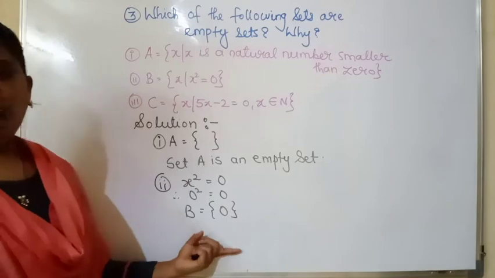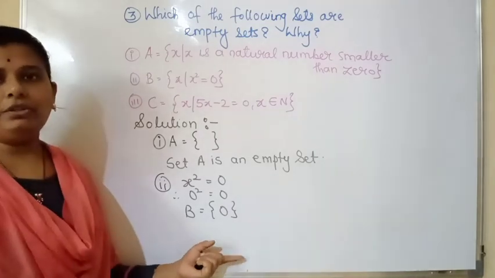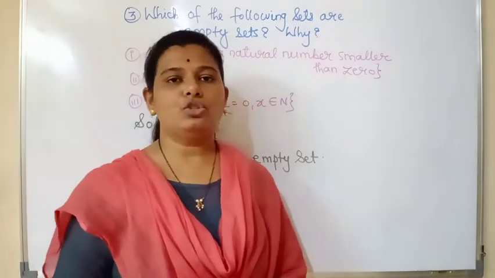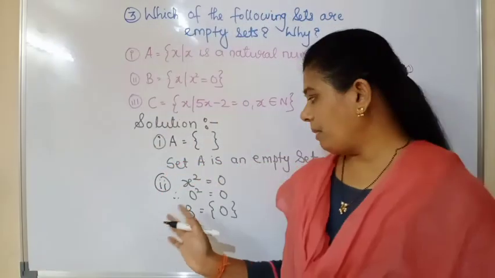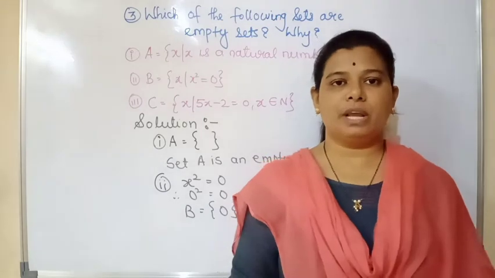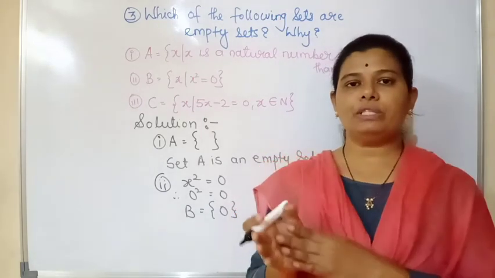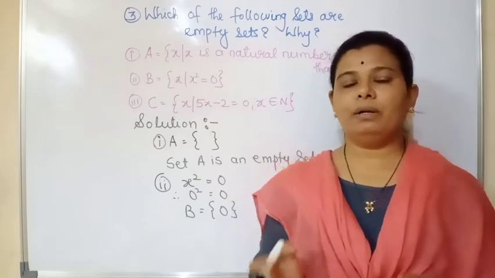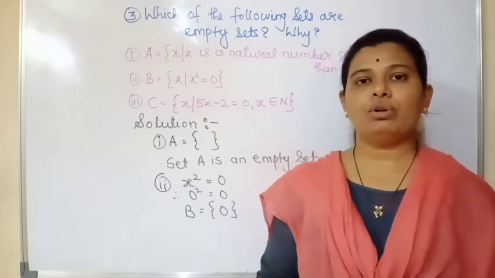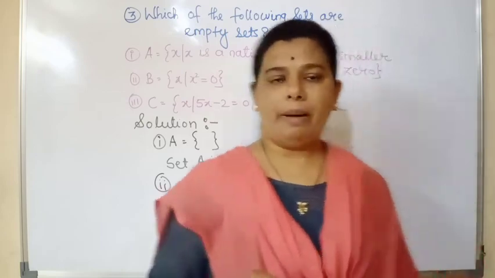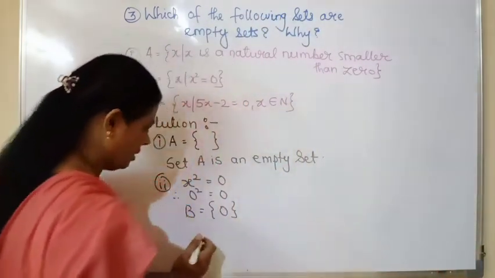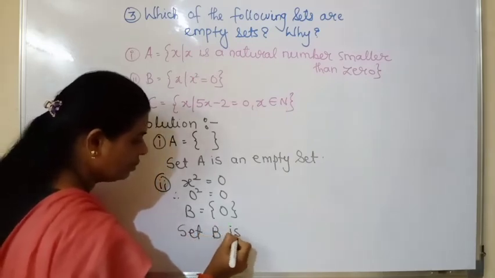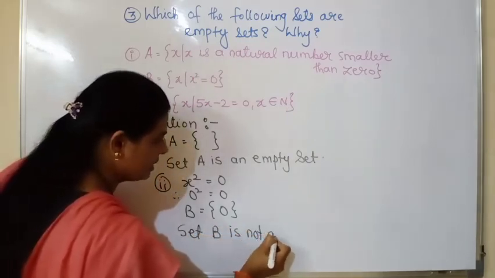Now I want to tell you one thing: even though there is a 0 in set B, it is not an empty set. Keep in mind, many times students make this mistake. They think that if 0 is there in the set, it means that it is an empty set. It is not. Even though 0 is there, it is not an empty set. So we will write here that set B is not an empty set.